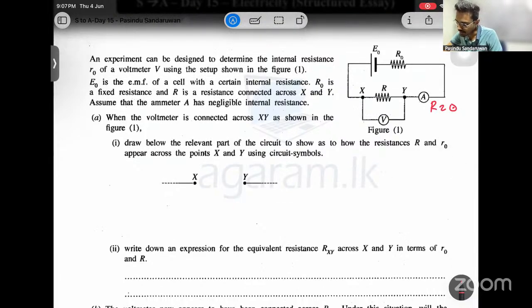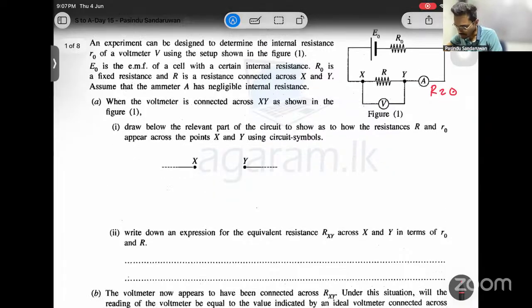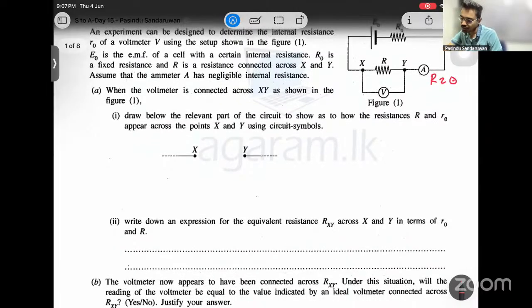Part A. When the voltmeter is connected across XY as shown in figure 1, draw below the relevant part of the circuit to show how the resistance R and R naught appear across the points X and Y using circuit symbols.